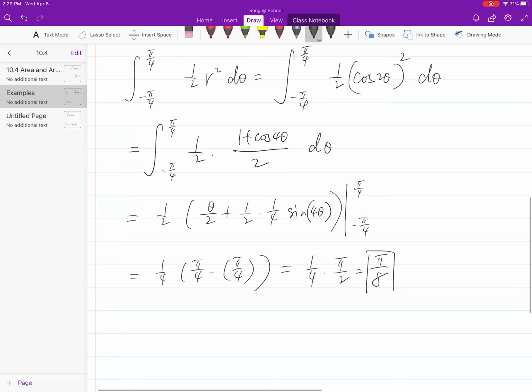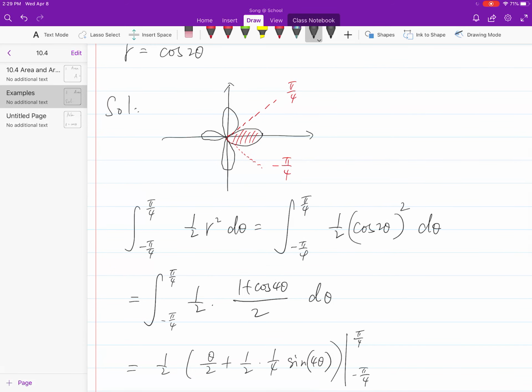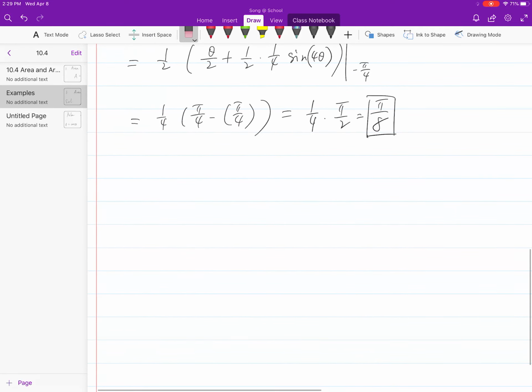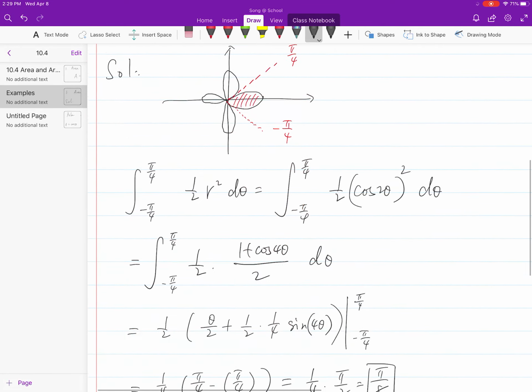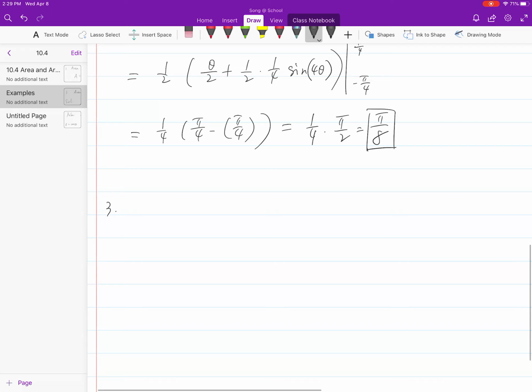So the size of one leaf of this is going to be pi over 8. Okay, that's pretty easy to do, actually, right? Great. Now, let's look at another example. Remember the butterfly function? Let's just find the area enclosed by that.